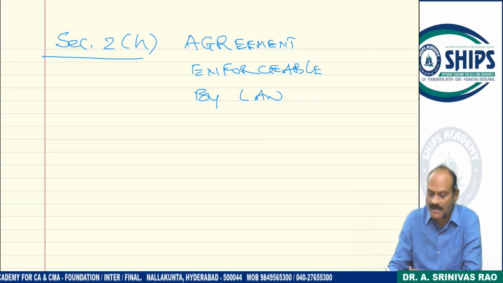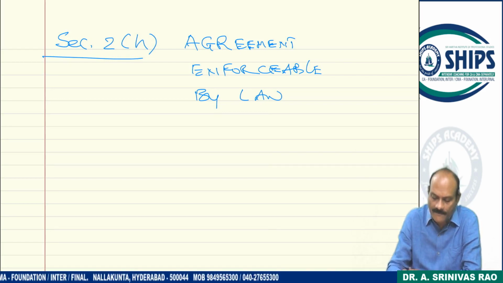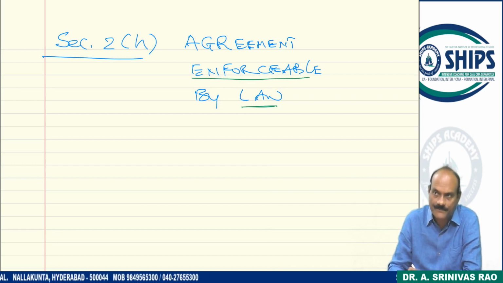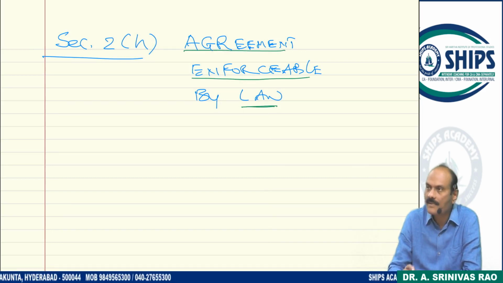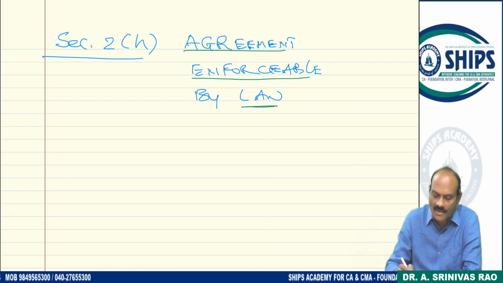Now here, what are the words I have to understand? What is the meaning of law? What is the meaning of enforceability? Then what is the meaning of agreement? If I know the meaning of these words, I know the definition of a contract. First of all, what is law?